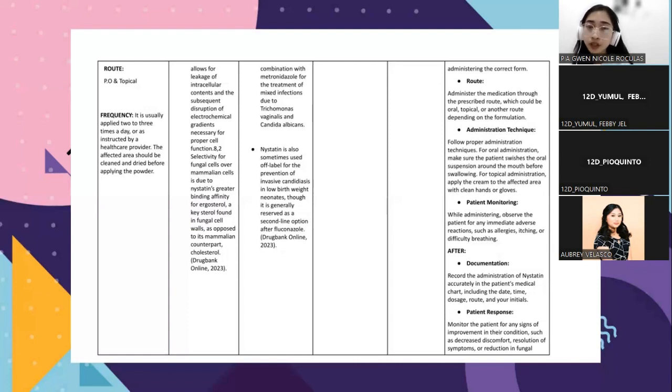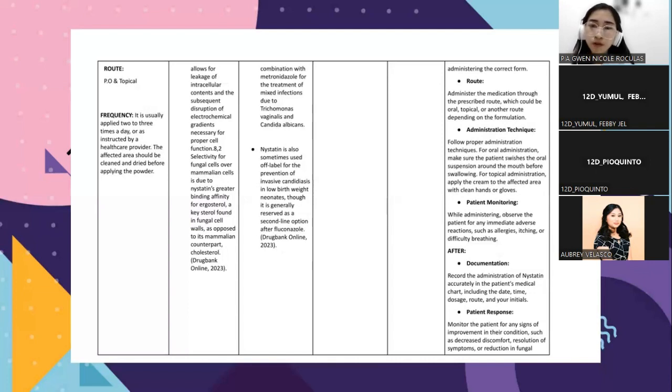Next is after giving the medication, we have to document. So record the administration of nystatin accurately in the patient's medical chart, including the date, time, dosage, route, and your initials. So that is very important now. Next is patient response.